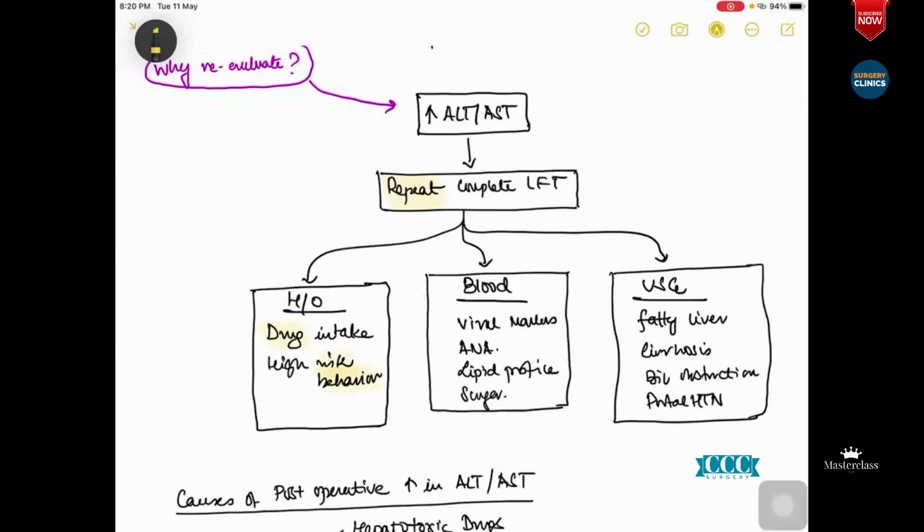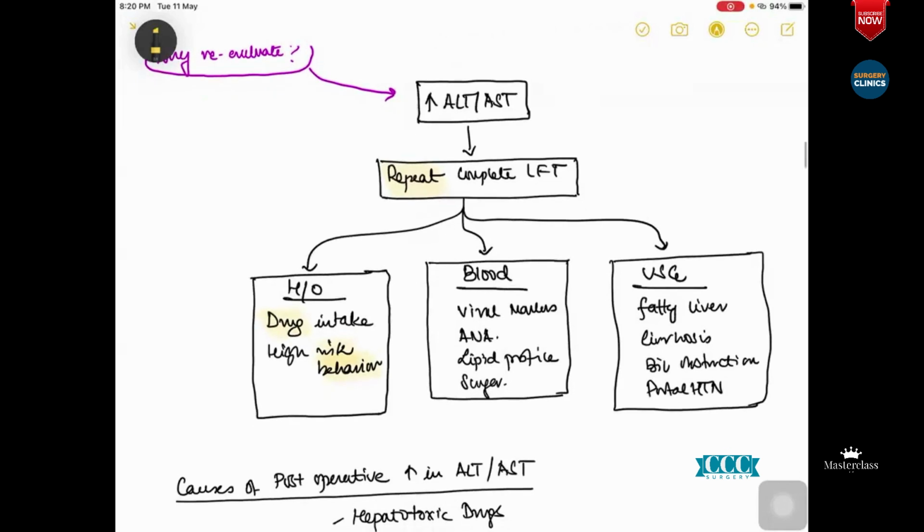In the blood you do your viral markers like hepatitis A, B, C. A raised titer of these will probably cause derangement of your liver functions. You can have raised anti-nuclear antibodies, as in autoimmune hepatitis. You'll have the LKM1, LKM2, LKM3 antibodies. You can have deranged lipid profiles. Also, sugar can be deranged.